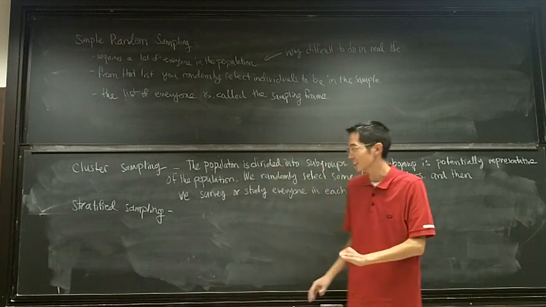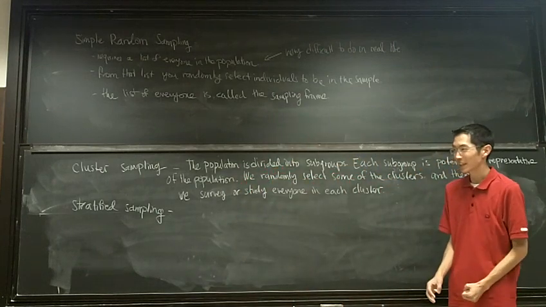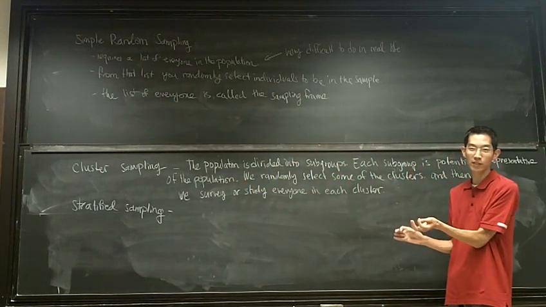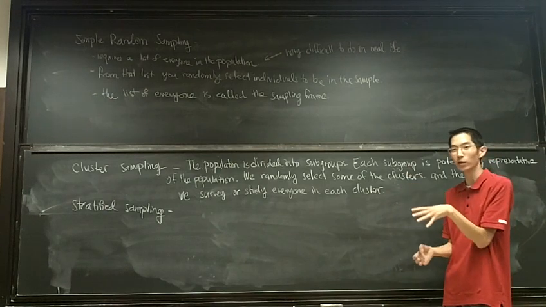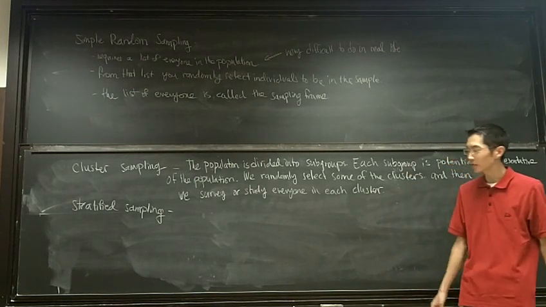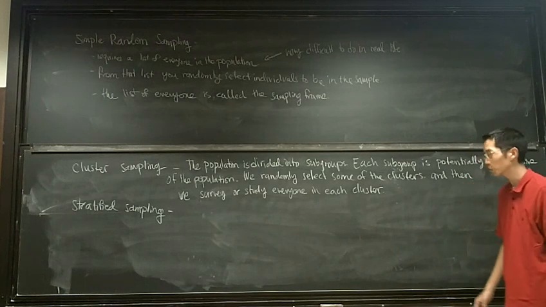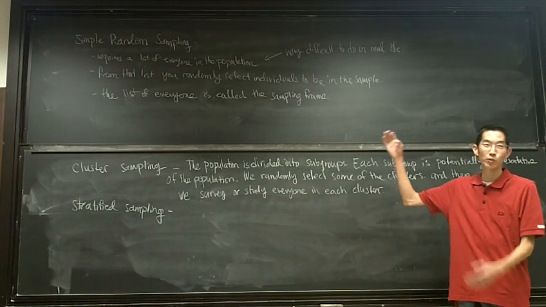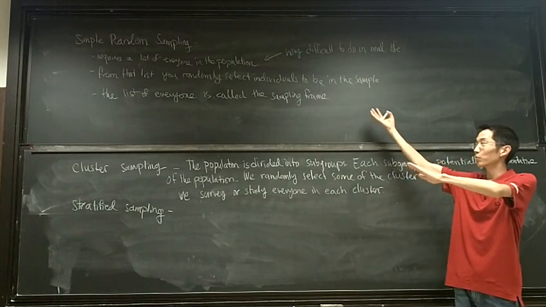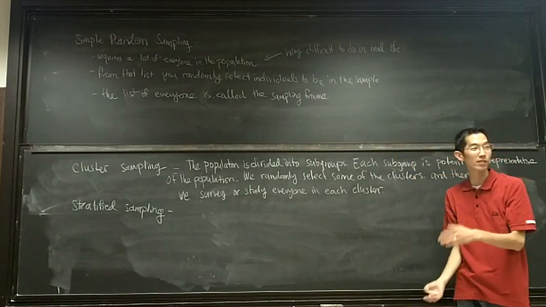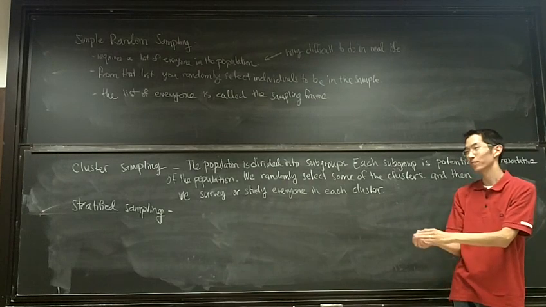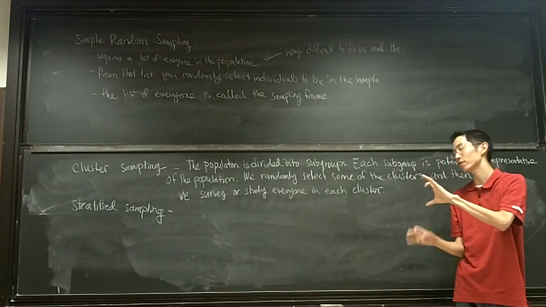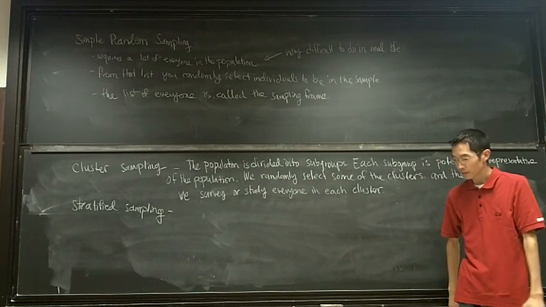All the other states, they have a lot of counties. And then you randomly select a few of the counties, and then you try to get everybody within each county. And again, getting everybody within each county might be a challenge in and of itself, but you don't have to worry about generating the sampling frame with everyone in the entire state. So you just get a list of all the counties, and then you survey everyone in each county.